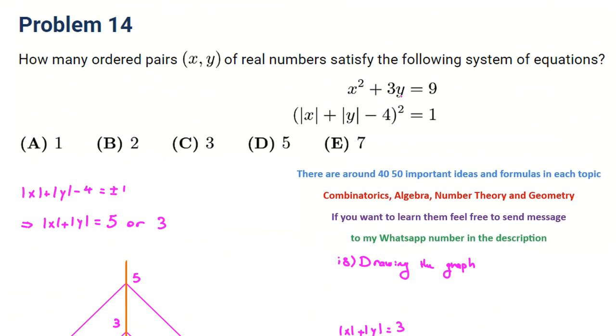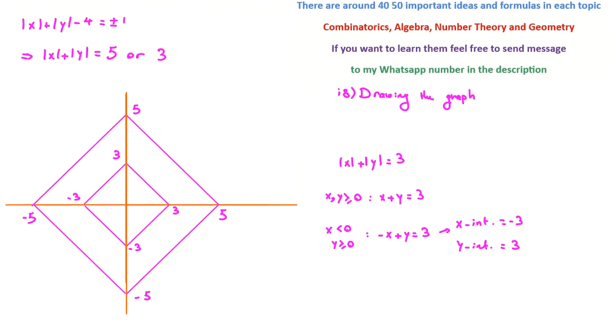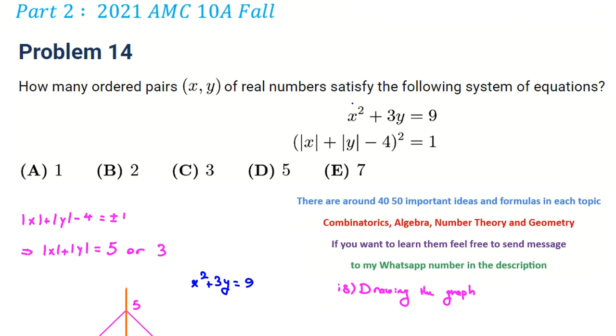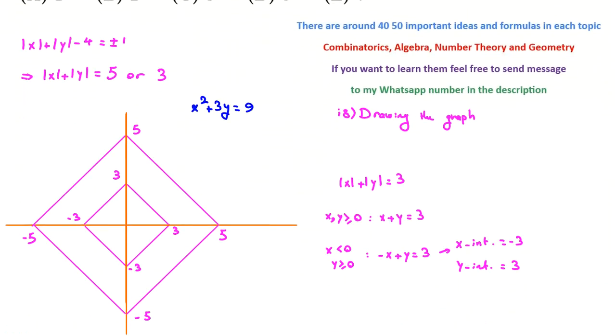Now, let's focus on x squared plus 3y equals 9. We want to draw this graph, and it doesn't ask us to find x, y equals what? It says how many ordered pairs. We want to find the number of solutions. So we should draw this one.